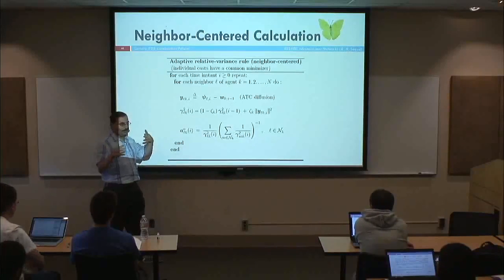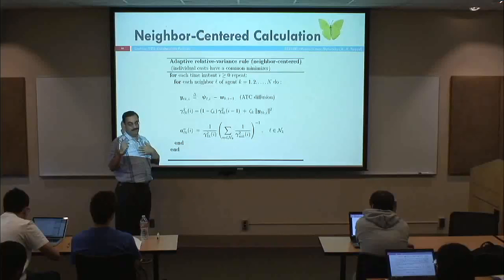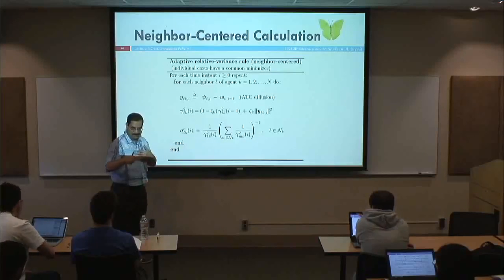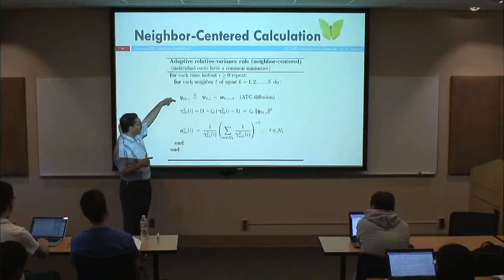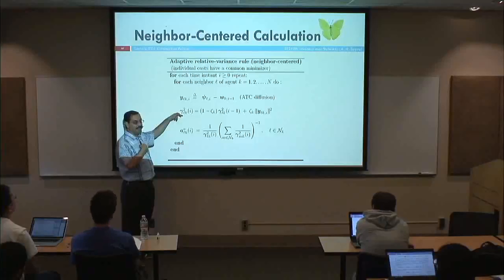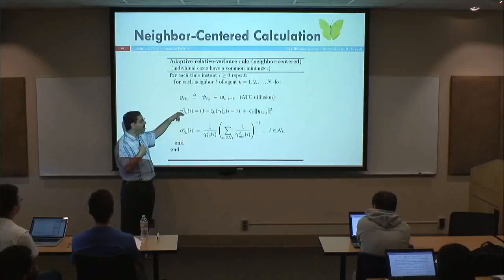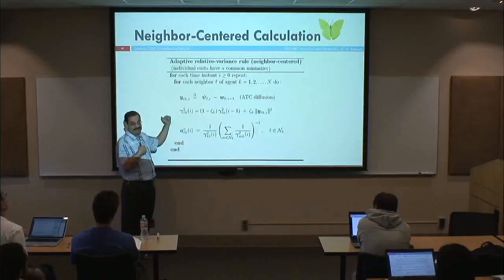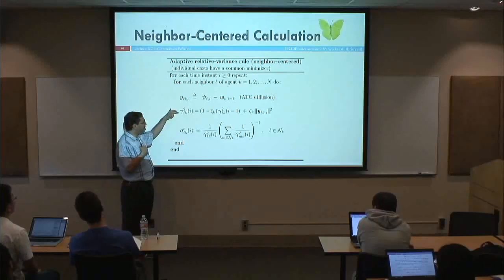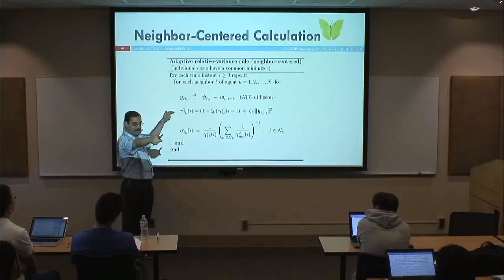Just like before. I am agent K, and I have several neighbors L. For each one of my neighbors L, I have to compute this difference and smooth it. So as an agent K, I have to compute several gammas, one for each one of my neighbors, correct? So it's more calculation now, but less transmission, okay? And not only that, if he's my neighbor, I'm computing his gamma, and if he's her neighbor, she's computing his gamma as well. Right?